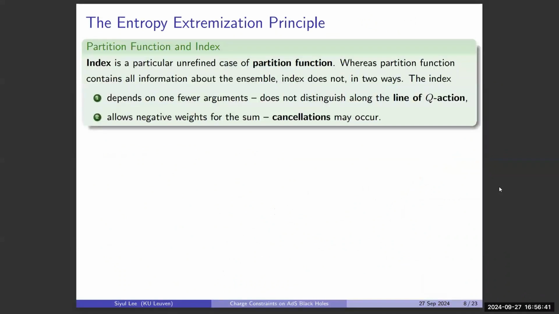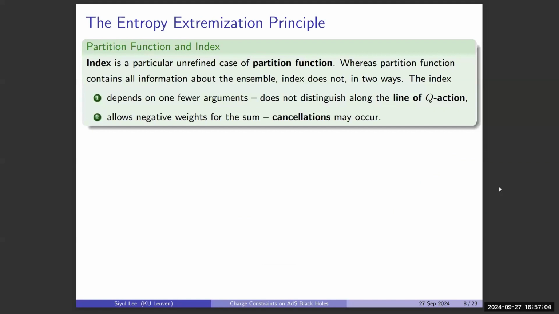So I have introduced the partition function and the index, which is a particular unrefined case of a partition function. Whereas the partition function, as I emphasized, contains all information about the ensemble of states without any loss, the index does not, in 2 ways. First, the index inevitably depends on one fewer argument because we have imposed one relation.